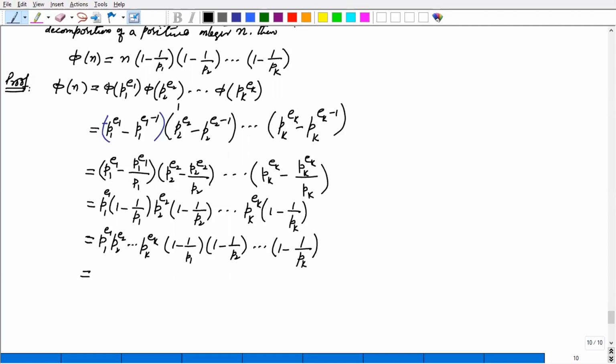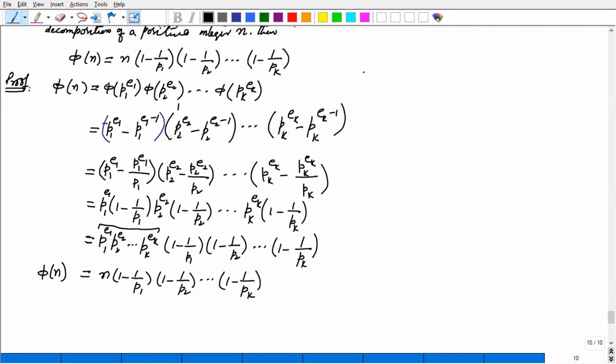Okay, now this product is given as n here in the result. So n times 1 minus 1 over p1 times 1 minus 1 over p2 times 1 minus 1 over pk. So this is a very useful formula. By using this formula, you can find phi of any number which is not prime as well.